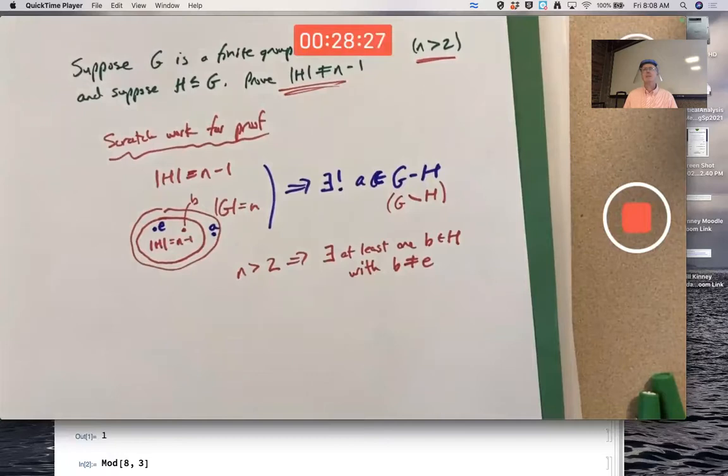I think I gave you a little bit more of a hint after this point. Do you remember what I said? I think I said to explore what happens when you multiply A times B, and what can you say, and how do you get a contradiction out of that?